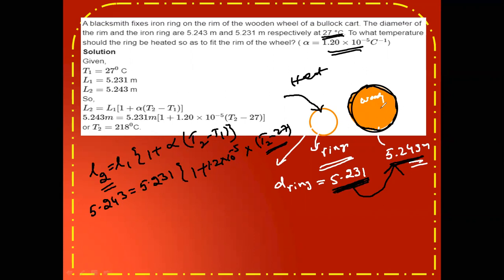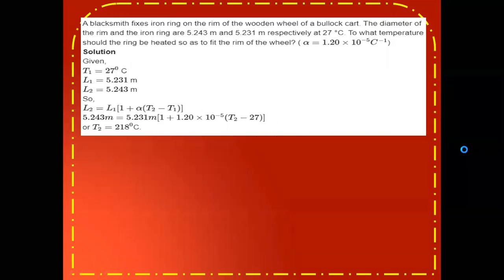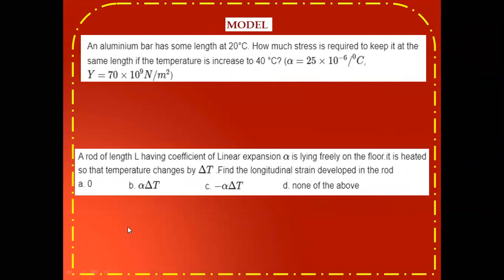Then it will be cooled so that the iron ring will be rigidly fixed with the wooden cart. That is the application of thermal expansion. Next model.